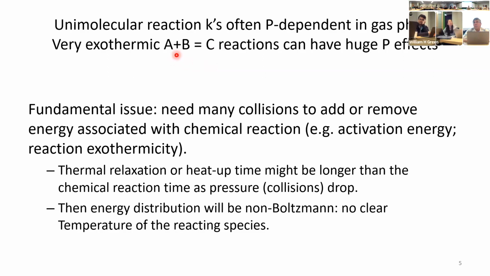If it's forming a bond, say it's a radical recombination, you might have 100 kcals of energy dumped in a dinky little molecule. You can divide 100 kcals by the tiny heat capacity of a single molecule, and you can realize that molecule is effectively really, really hot. And so it needs to be cooled by a lot of collisions with the bath gas to get back into thermal equilibrium. So it's going to be way out of equilibrium initially.